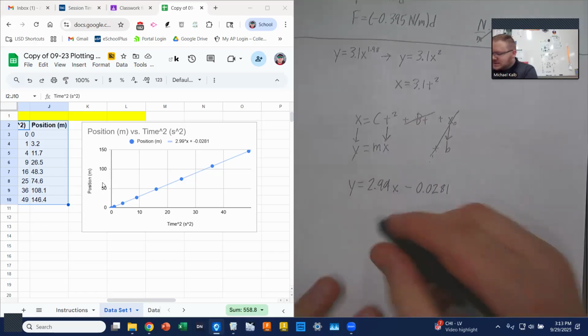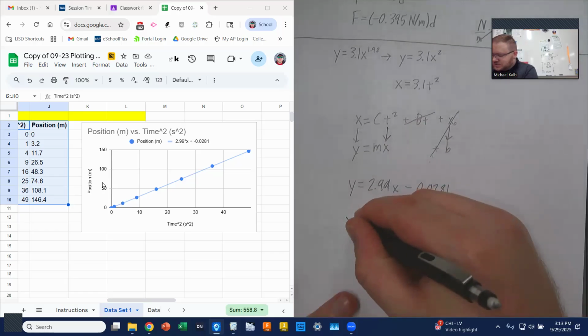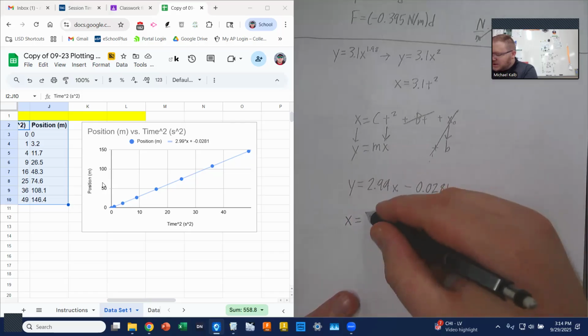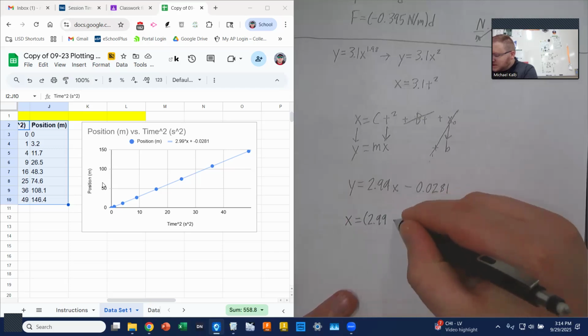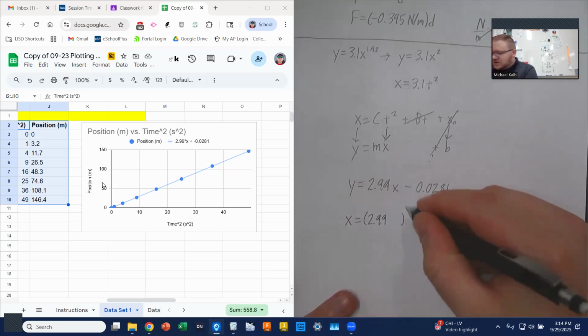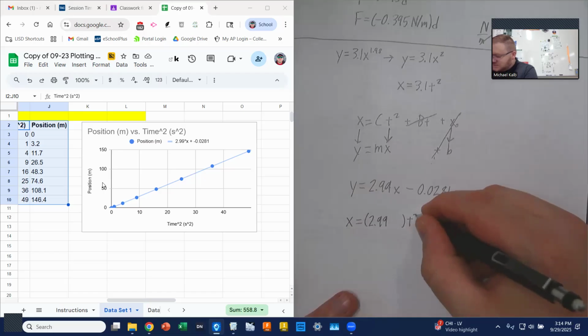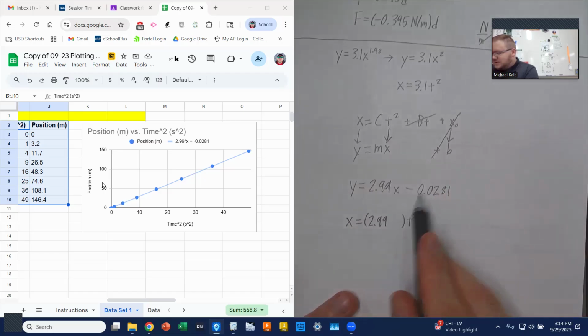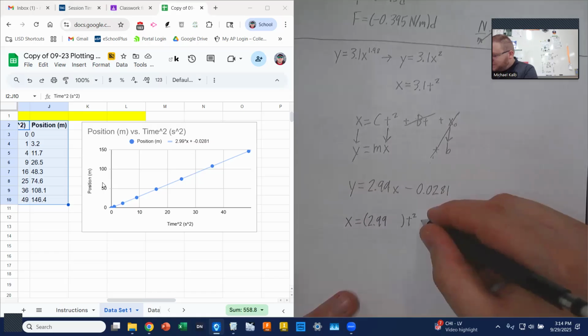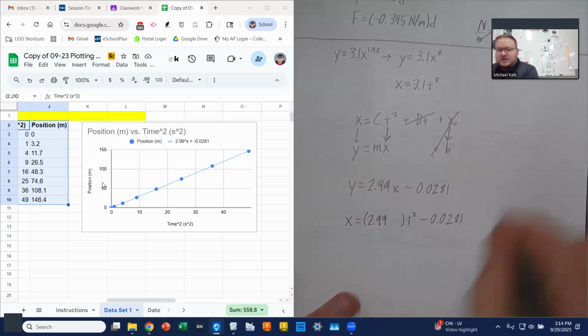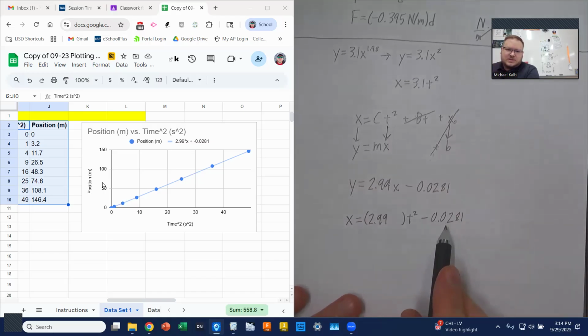Once again, our y-axis is actually position, so x equals 2.99, and I'm going to leave room for units. Our x-axis is actually time squared. Minus 0.0281. Let's figure out units.